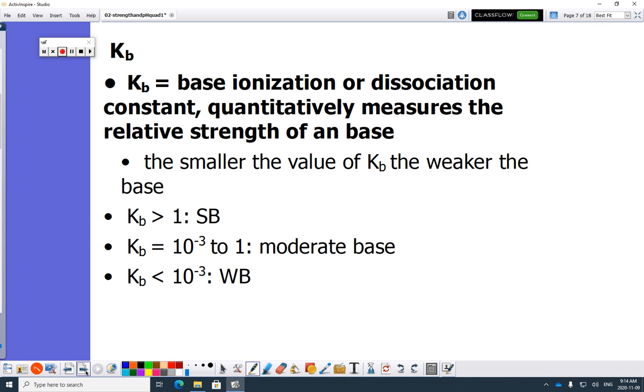For example, when we talked about amines in organic chemistry, we talked about how the presence of an amine usually signifies decay of an organic substance, like we produce cadaverine, putrescine, things like that when we start to decay.